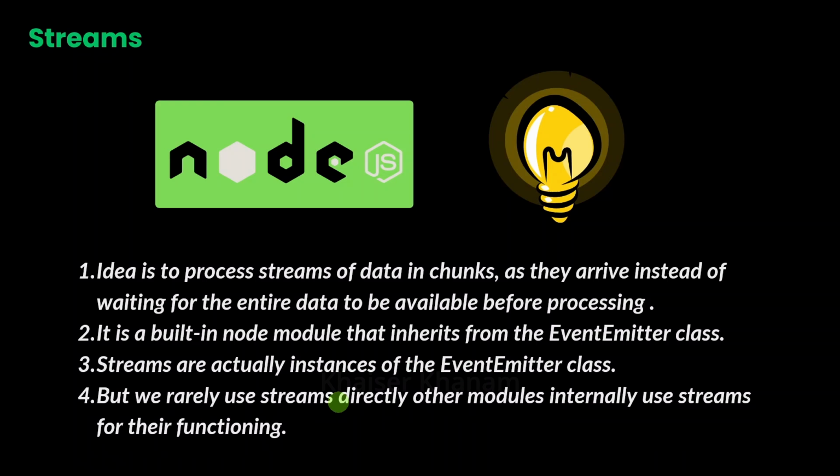But make a point, directly we will not be using stream. Instead, we will be using streams with other modules like the FS module and the HTTP module, which we are going to see later. In the next lecture, using the FS module, I will tell you how to read the data of a file and how to write data to a file using streams.